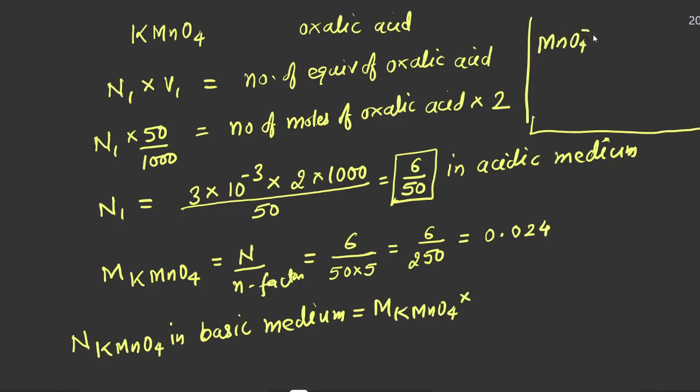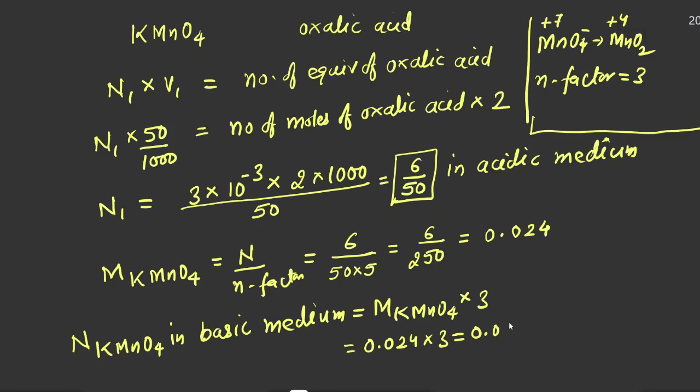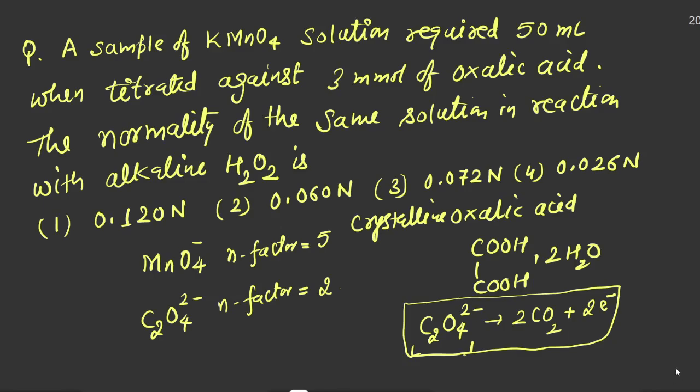In basic medium MnO4 negative will give MnO2, plus 7 to plus 4. So the n factor is 3. So it is 0.024 into 3. So it comes out to be 0.072. So it should be option 3. Got it?